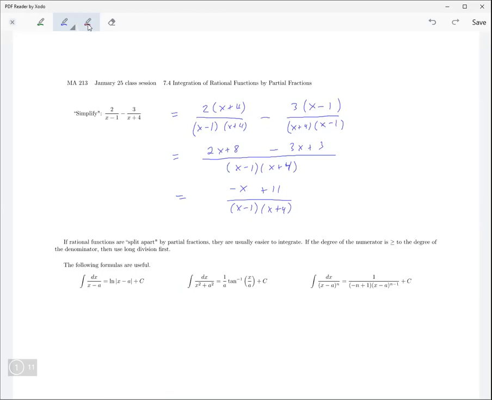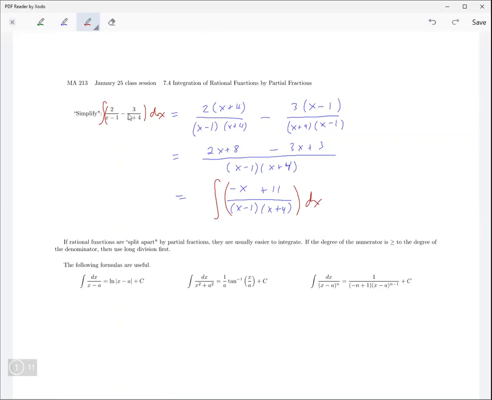So the thing is though, this is equal to this. Now the question is, which is easier to integrate? This or that? And the answer is this part.